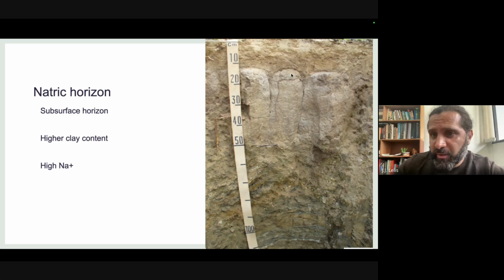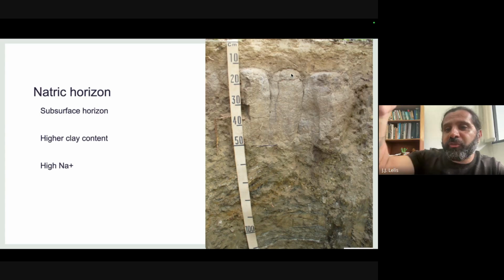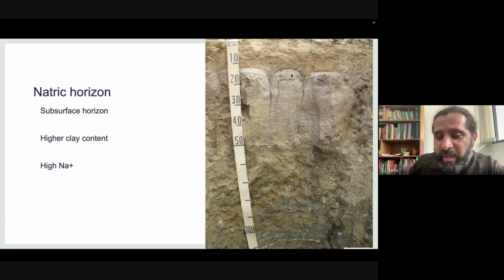They have this kind of columnar and prismatic structures, and because of this higher clay content and the presence of prismatic and columnar structures, the water penetration through the soil is really, really slow. So the water migration, the water percolation, the water conductivity is quite low.